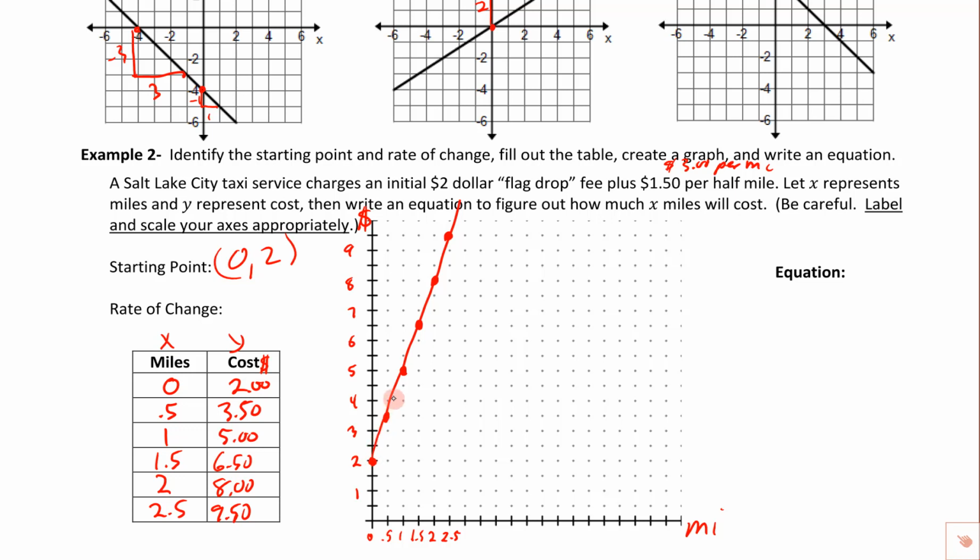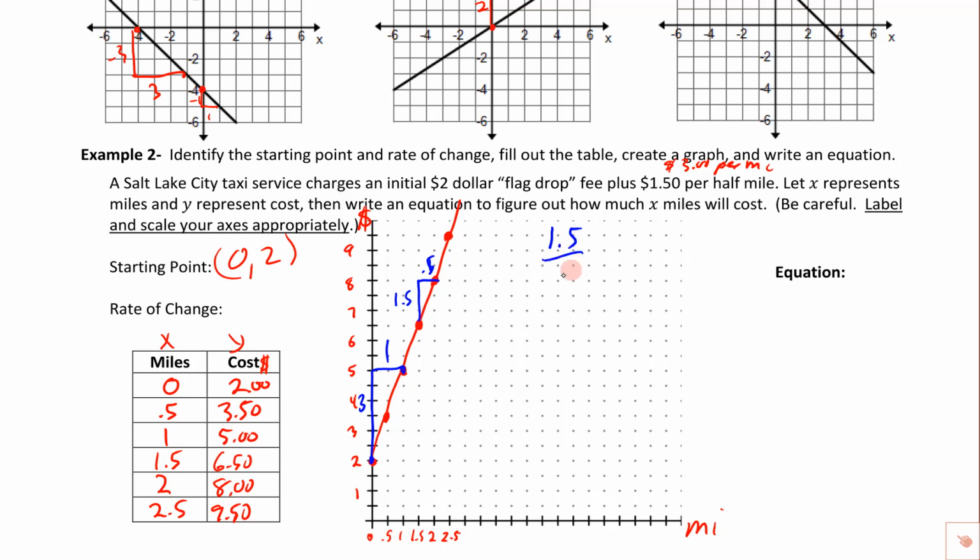And I know the rate of change. Let's go from one nice point to the other nice point. It goes like that. Okay, that is up $3 in 1 mile. Or if I did the next one up so we can see it, that's up from 6.50 to 8. That's up $1.50 in a half a mile.